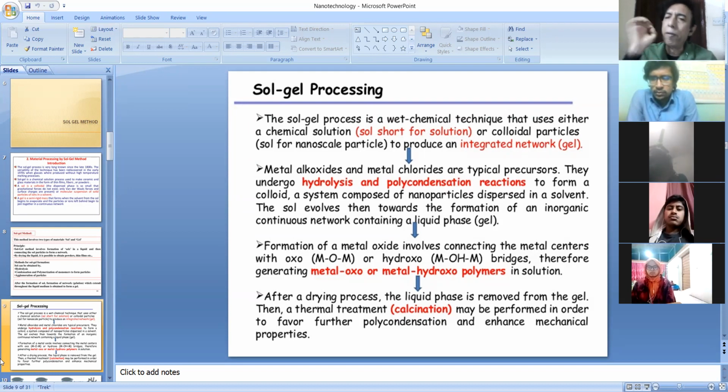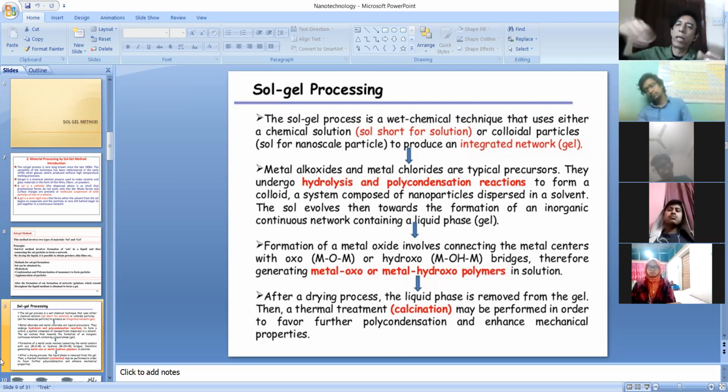That means a very small particle which will not sediment. That is sol, which will not precipitate. Or you can use a sol you have prepared outside somewhere, a nanoscale particle, and then you can add it to a solution and stir it to form a gel.